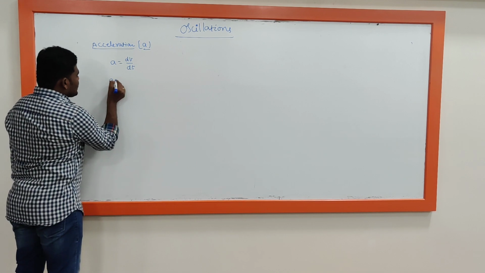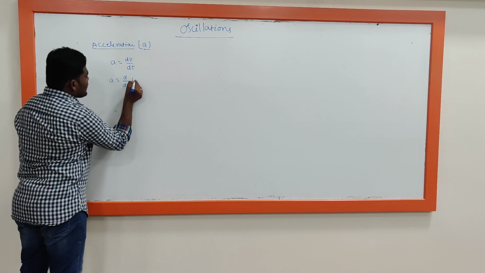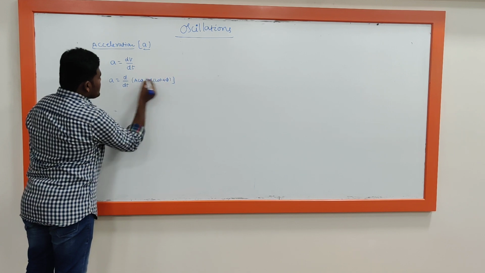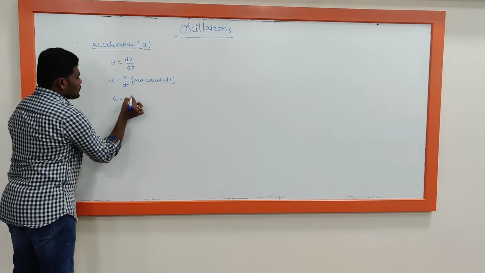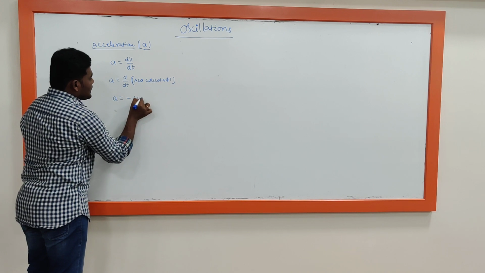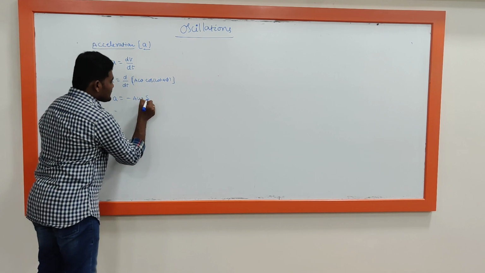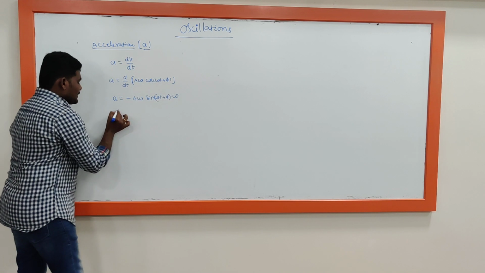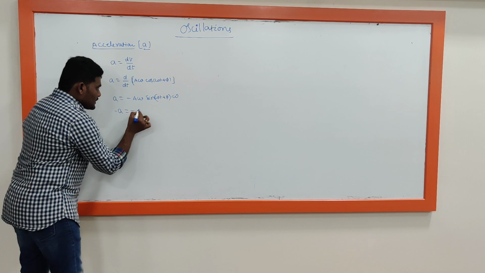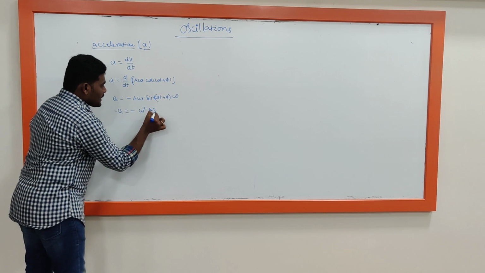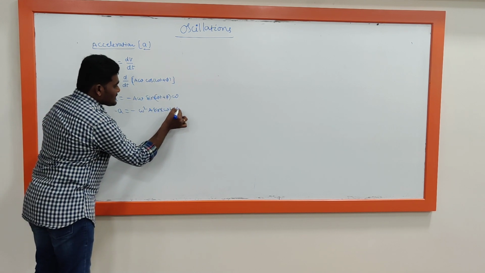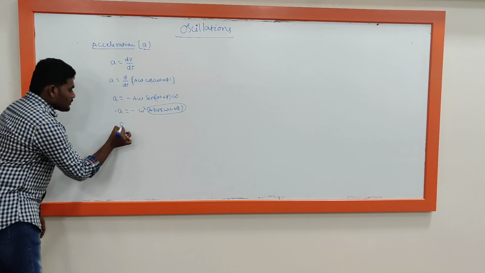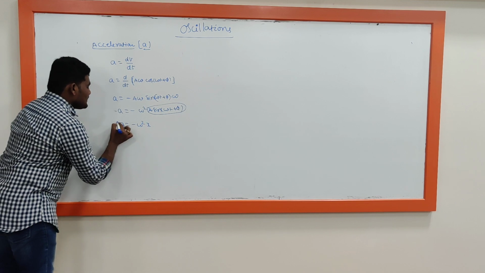We already know a equal to d by dt of the v value, so a equal to d by dt of a omega cos of omega t plus phi. Then we get a omega times d by dt of cos of omega t plus phi, which is minus sin of omega t plus phi into omega. So we get the acceleration of a particle as minus omega square into a sin of omega t plus phi. We know a sin of omega t plus phi is x, so a equal to minus omega square x.